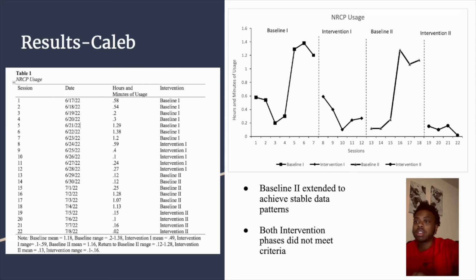So then I took the second baseline data and I took the last 3 points again to work on having a more stable data collection for intervention phase 2.